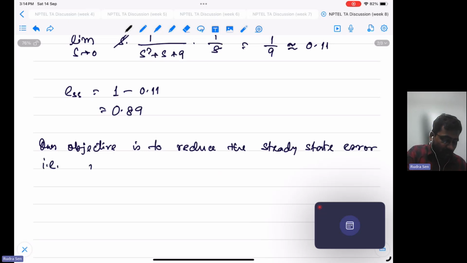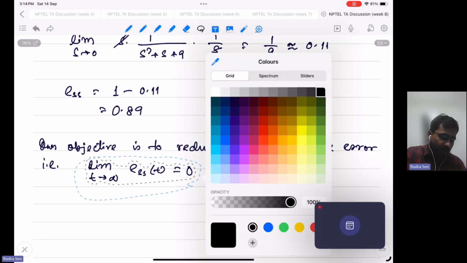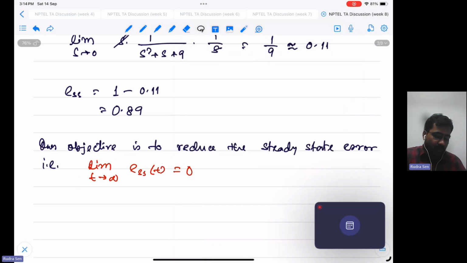That means the limit as t tends to infinity of e_ss(t) should tend to 0. So this is basically our objective, right?